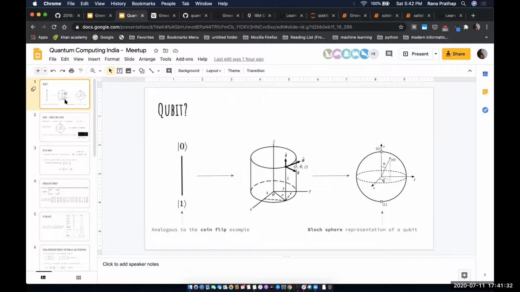And if you look at the top point and the bottom point, these phases will be irrelevant. It'll be a global phase, because it is just a 0 state, and whatever phase you put here won't matter. And below it will be a 1 state, and whatever phase you put here won't matter.